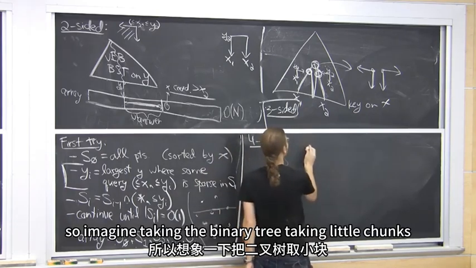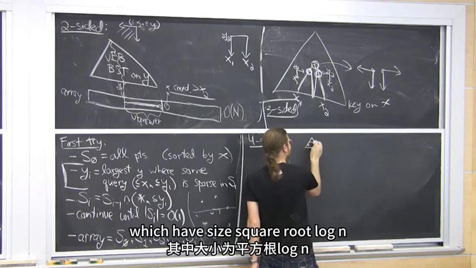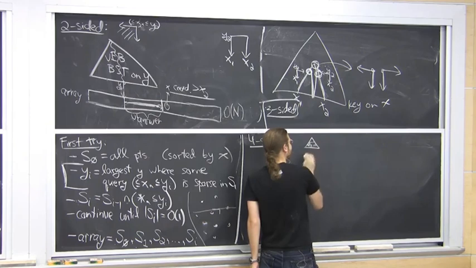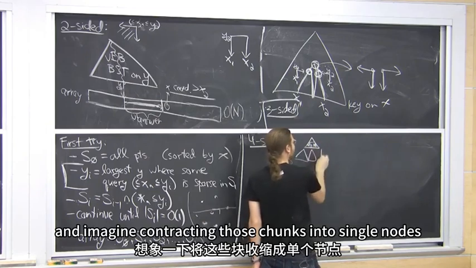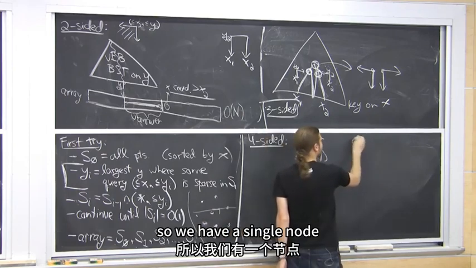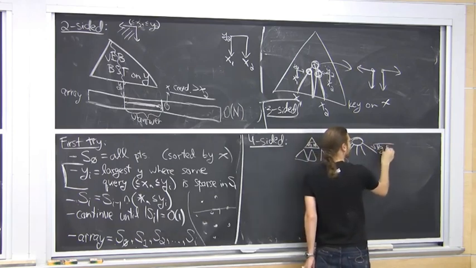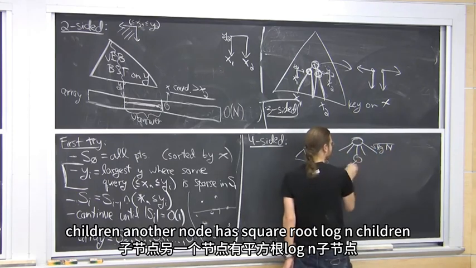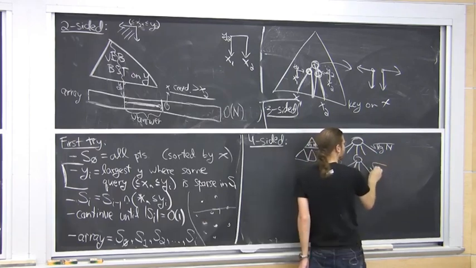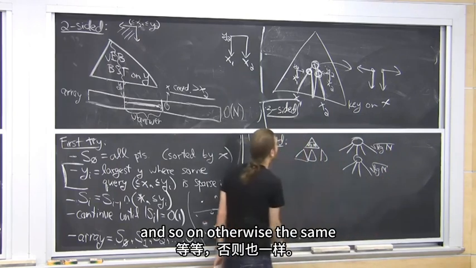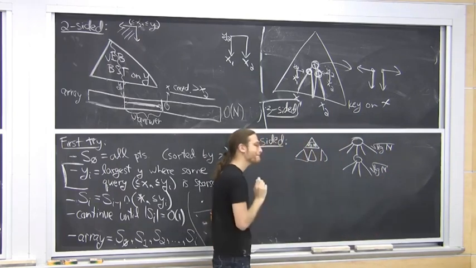Imagine taking the binary tree, taking little chunks which have size square root log N, and contracting those chunks into single nodes. So we have a single node which has square root log n children. Another node has square root log n children. This is all static, and so on. Otherwise, the same.